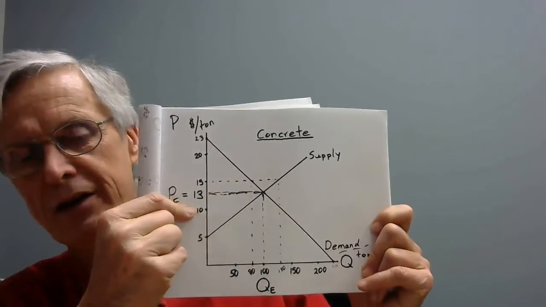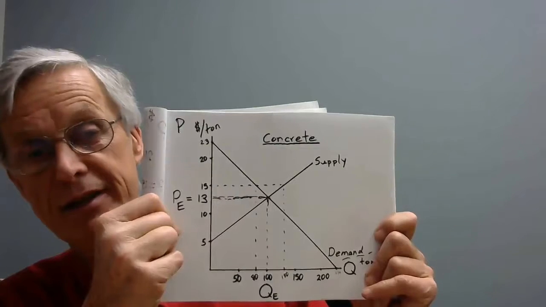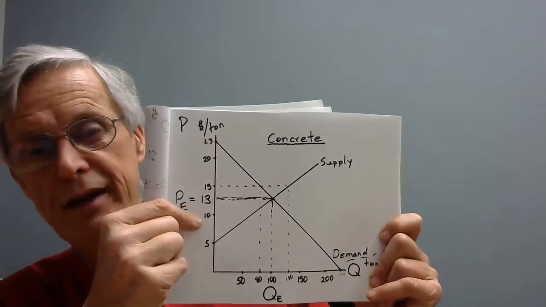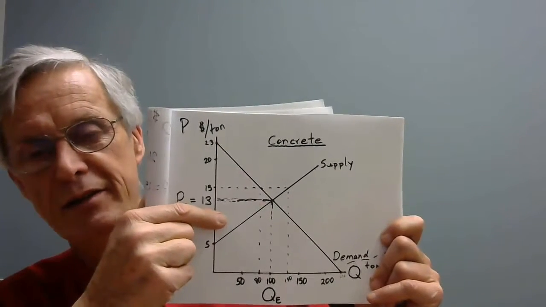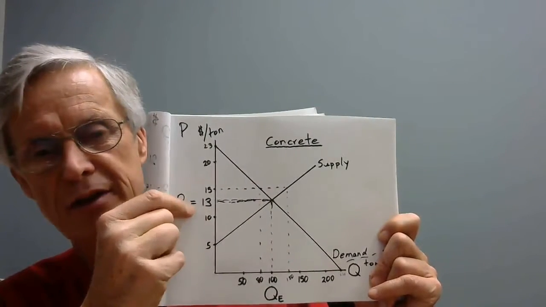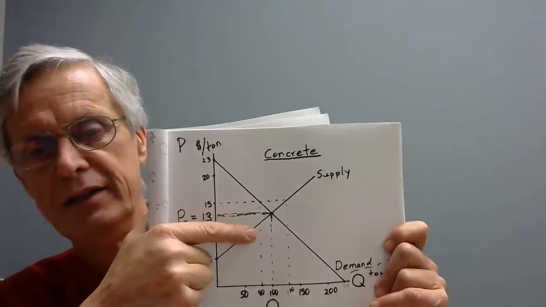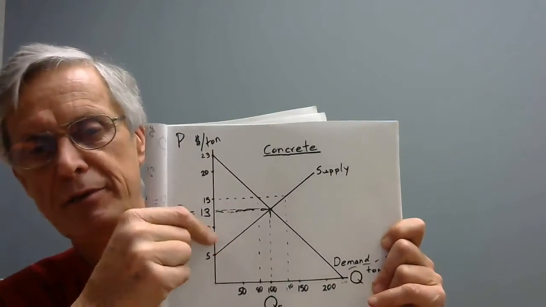So the total value is what? 500 plus 1,300, 1,800. And out of the 1,300, 400 is producer surplus. Producer surplus is price 13 minus supply, up to the quantity 100.